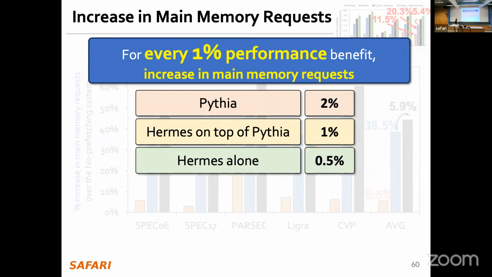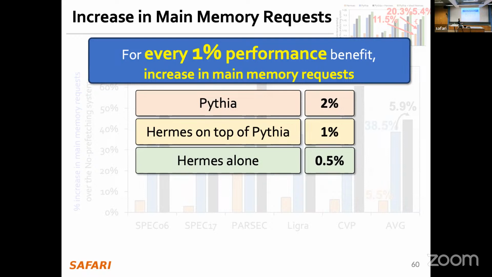And if you implement Hermes alone, that's even better in terms of sensitivity. So what it shows is that Hermes alone might not give you the entirety of the performance benefit that Pythia can provide, but it's much more efficient for the same amount of DRAM transfer.